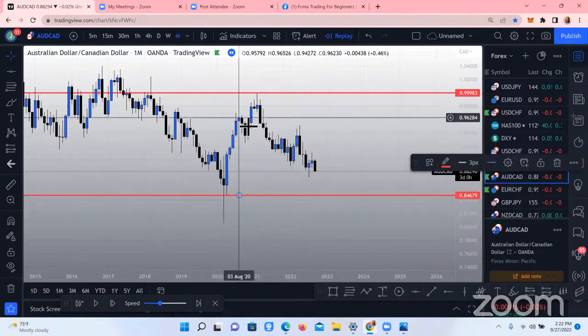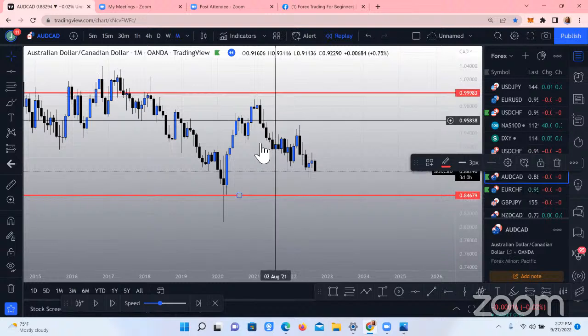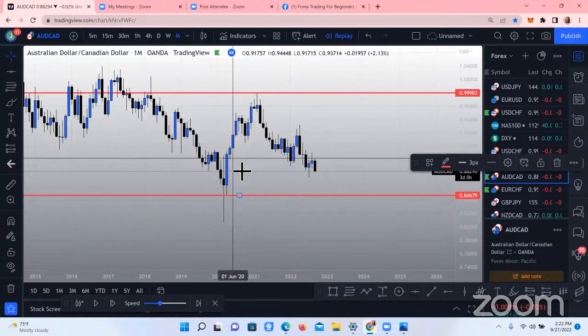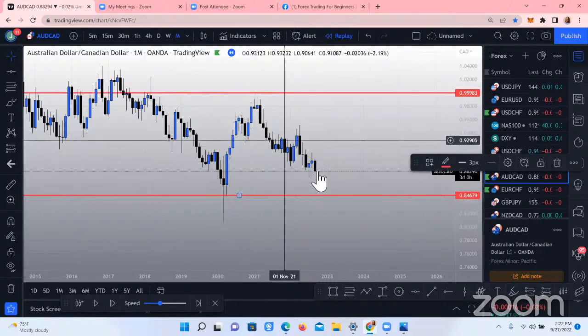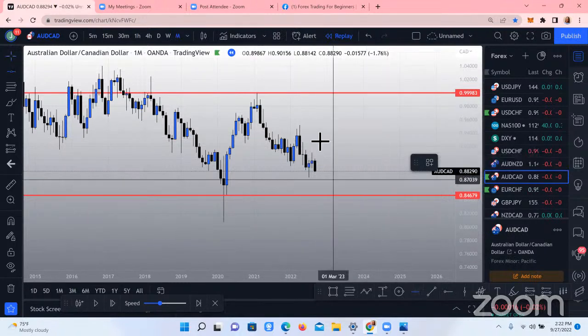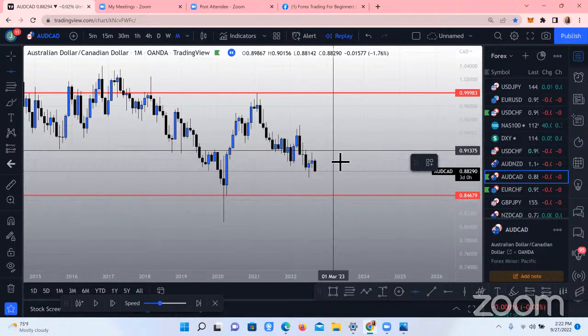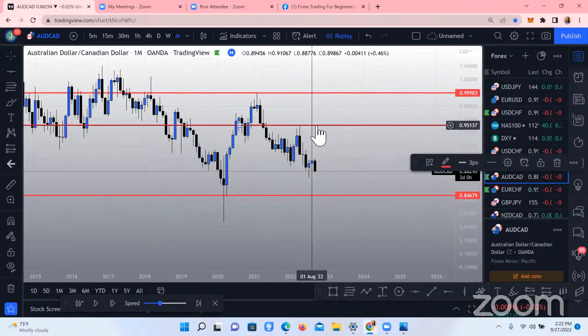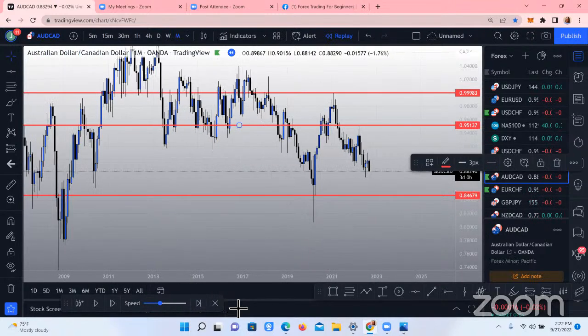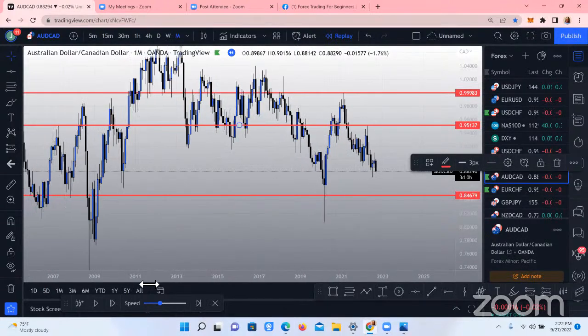This gives us a barrier to look at where price is, because we want to isolate where price is. All right, so price is right here. I'm gonna put another line at the top of here, and then zoom out to see where that resistance is sitting.